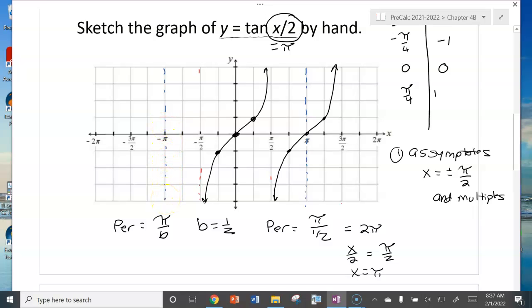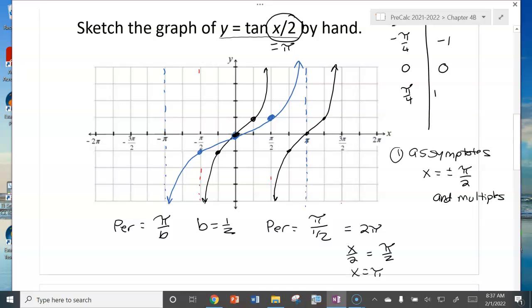Now my points between these two, I still have a point at 0, but instead of the 1 being at pi over 4, I'm going to double that. So that 1 is going to go here at pi over 2. And my negative 1, instead of being at negative pi over 4, I'm going to double that. And it's going to be at negative pi over 2. Start near the asymptote, go through the points, and there you have it.